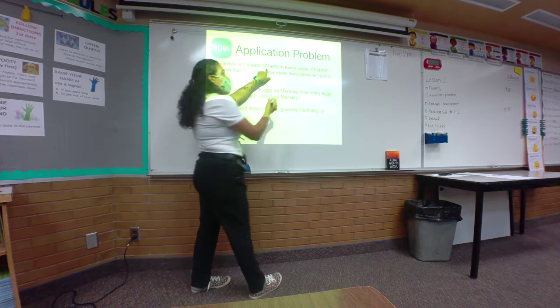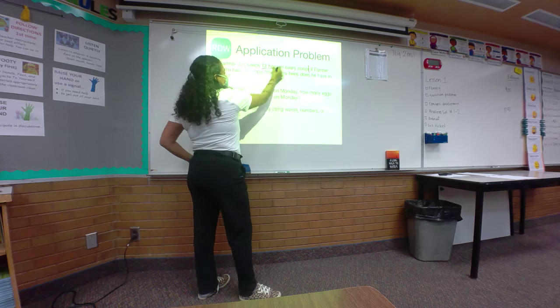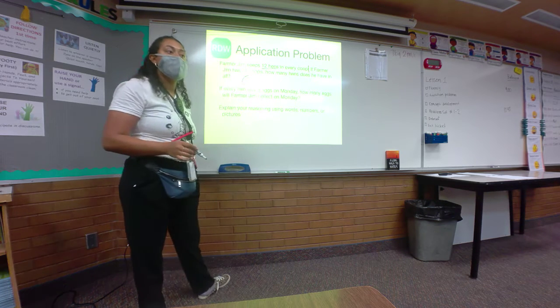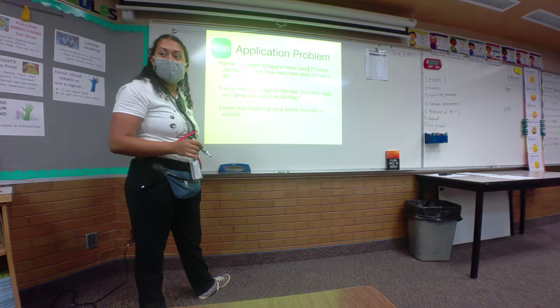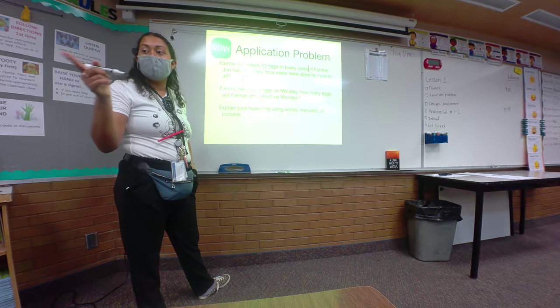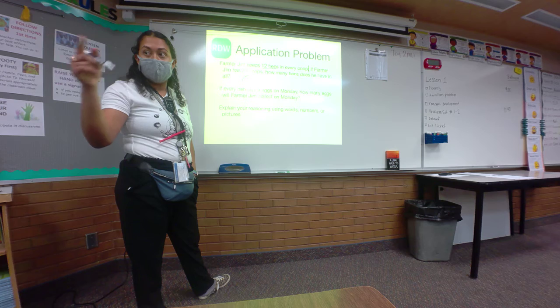Farmer Jim has what? 12 hens, right? So we can write 12 for hens. Okay, draw it on your whiteboard. Yeah, that one, the whiteboard.